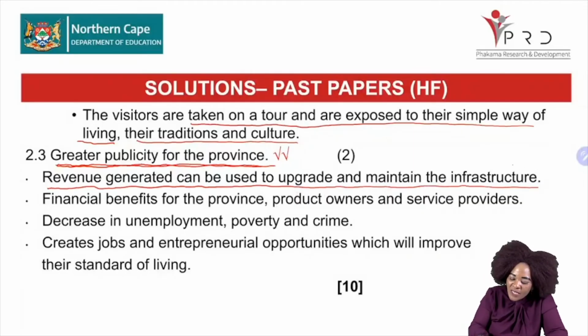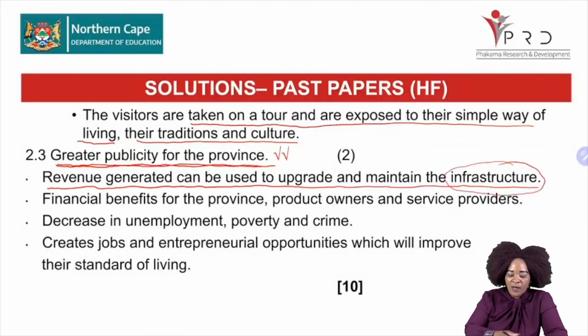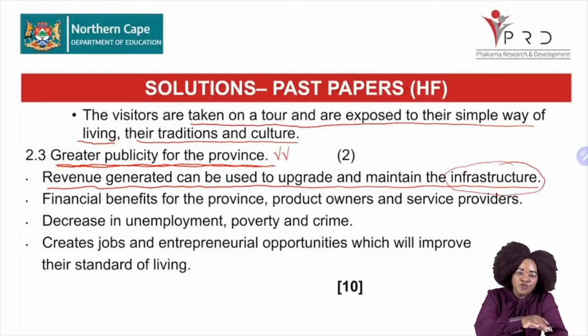Because the infrastructure that they are using is the infrastructure that is actually there in the province. Tourists will never take the infrastructure away with them. They use the infrastructure and they leave it in the local communities. So it means everyone at the end of the day benefits. Benefit from what? From having those 2 World Heritage Sites.